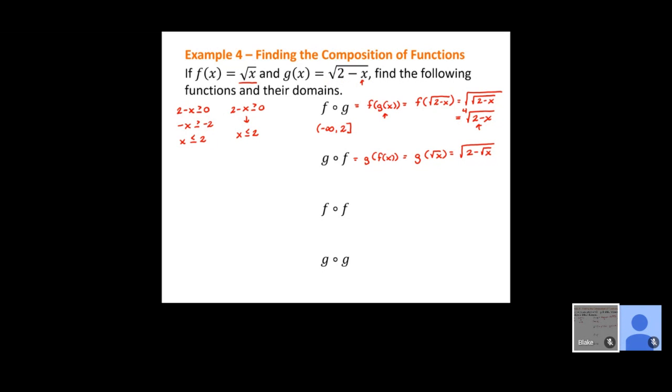All right, let's think about domain now. Look at your final answer. What restrictions are we going to have now? Okay, so the x has to be greater than or equal to 0, but why?